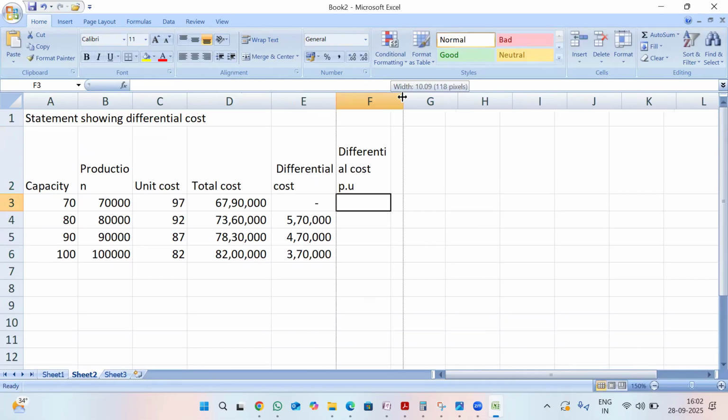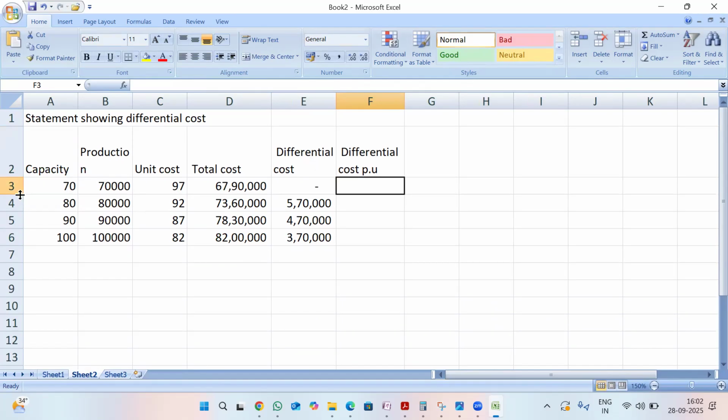What is the differential units in each stage? It is 10,000. So 5,70,000 divided by 10,000 is 57 rupees. Here it is 47 and here it is 37 rupees. So differential cost per unit is 57, 47, 37.